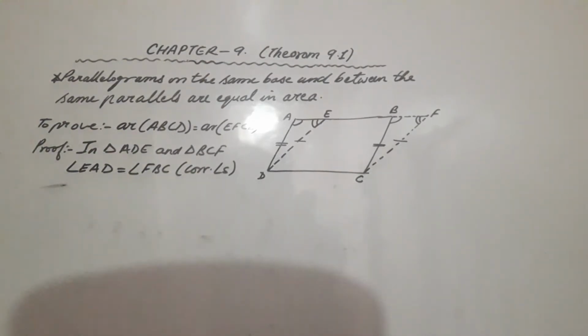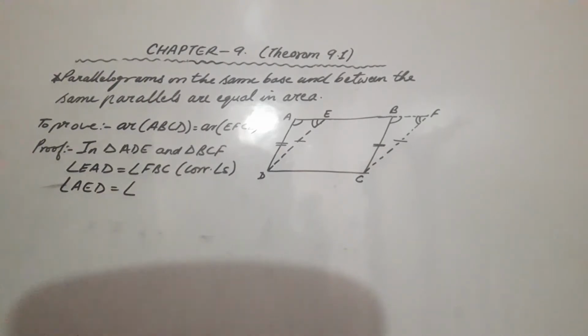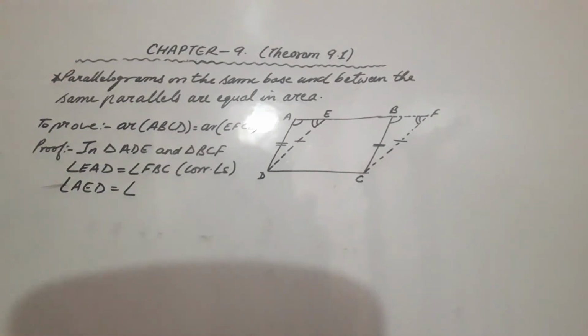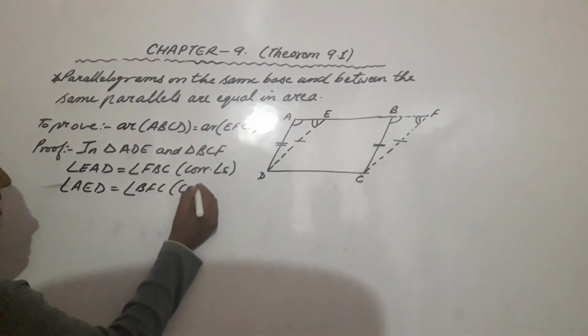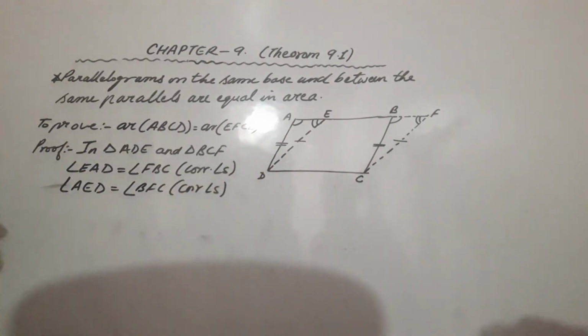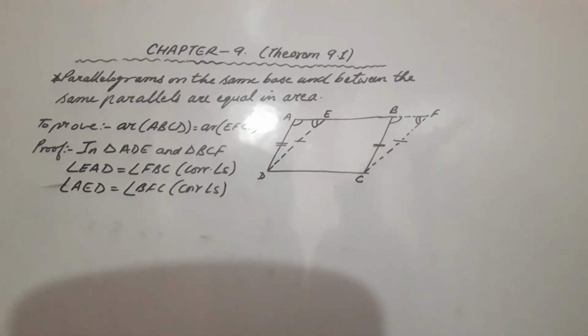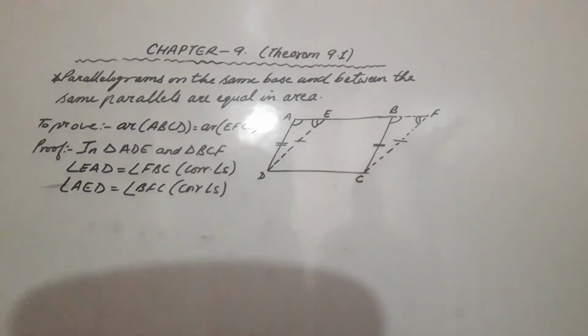Now we take the second angle: angle AED is equal to the other corresponding angle on that side, BFC. So write it down: BFC. Even these two angles are corresponding angles, as they are on the same side of parallels, since DE is parallel to CF.